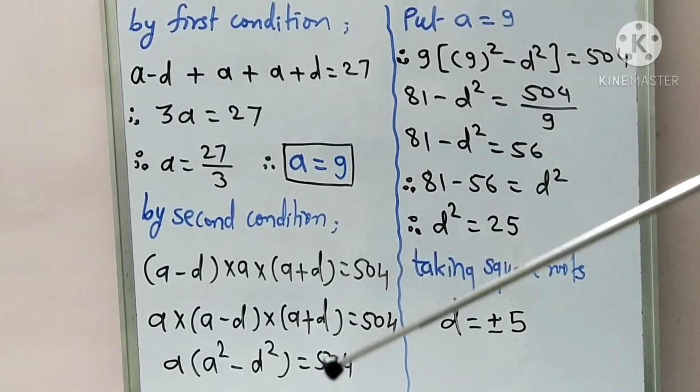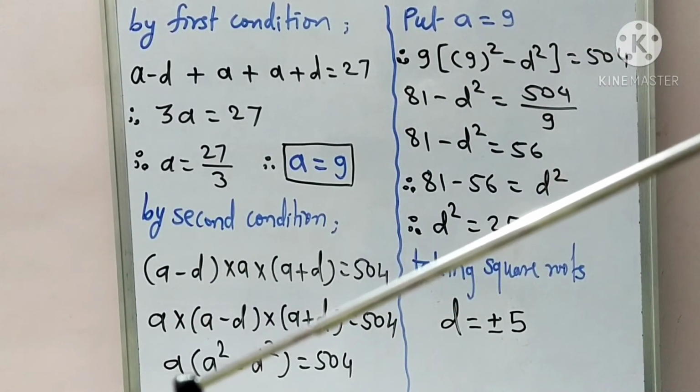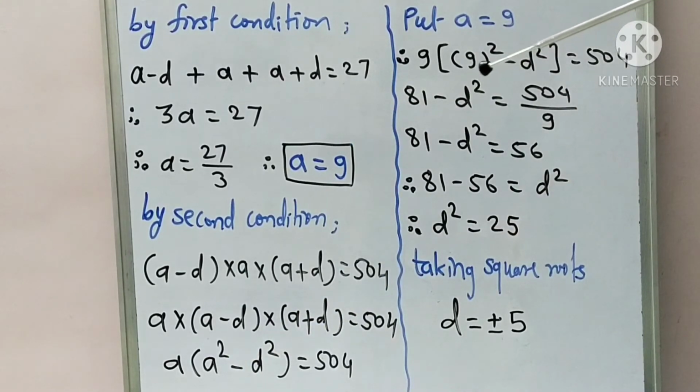As we put the value of a as 9, we get 9 into 9 square minus d square equal to 504, and as we simplify it, we get the value of d.